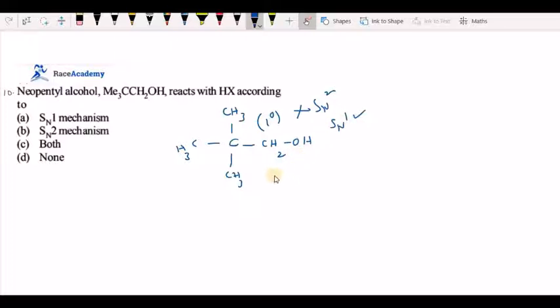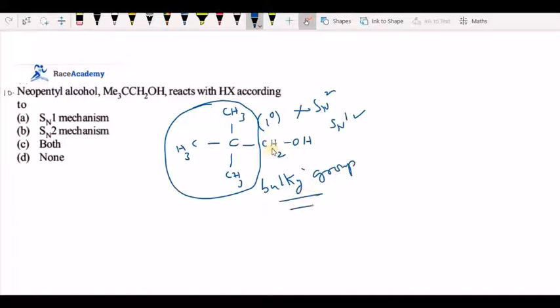Why? Because of this bulky group, or steric hindrance, in this neopentyl alcohol, this will produce a carbocation immediately.